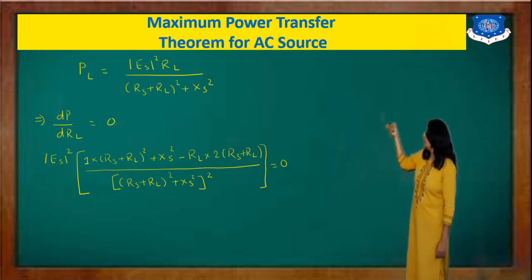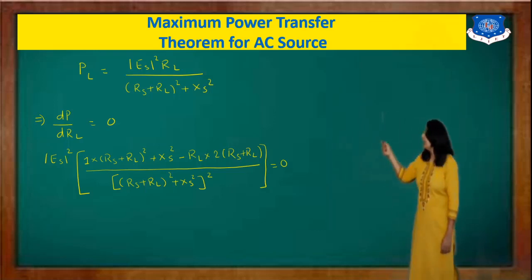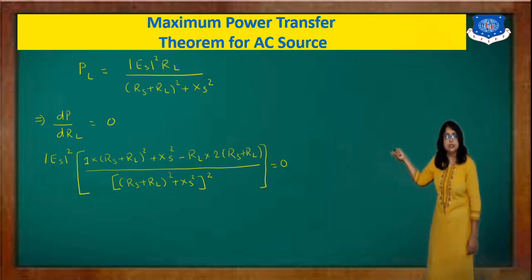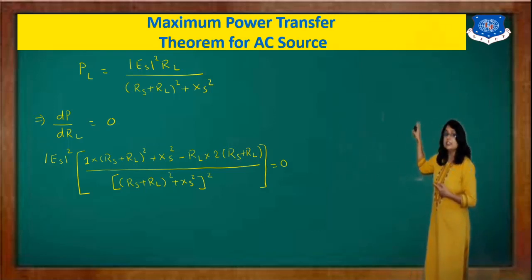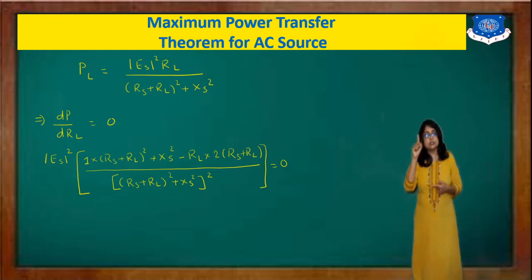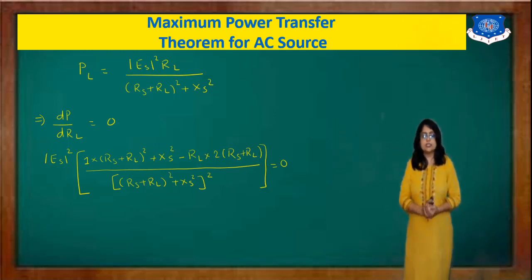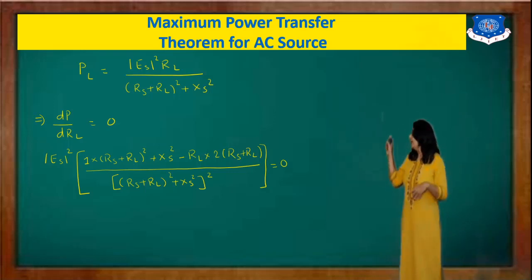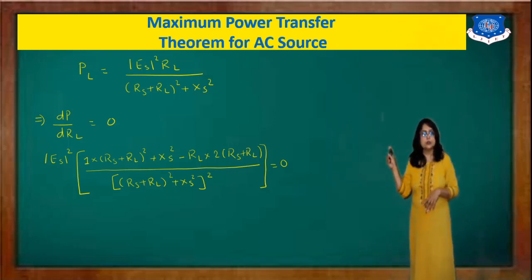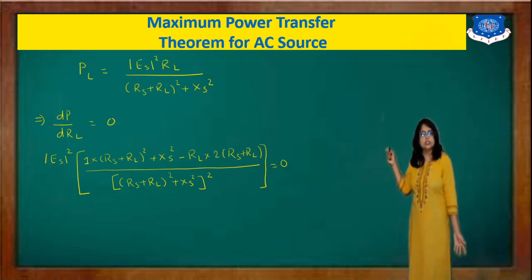Write down the denominator as it is, minus RL as it is, and the differentiation of the denominator, that is 2(RS plus RL); XS square is constant, that's why it's 0, so I'm not writing plus 0. Divided by (RS plus RL) whole square plus XS square, and then squared. And finally we have to equate that with 0. Now this denominator multiplied with 0 is 0.